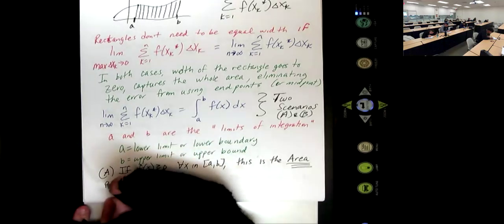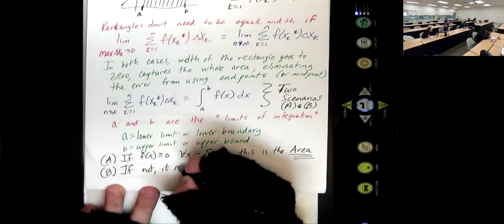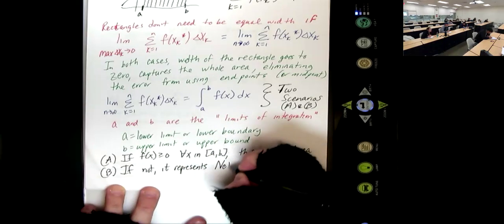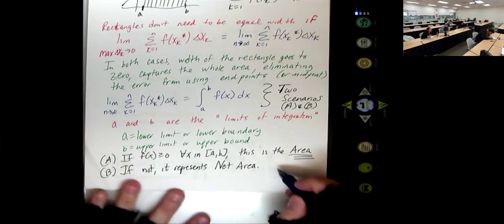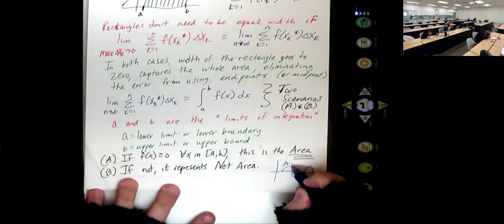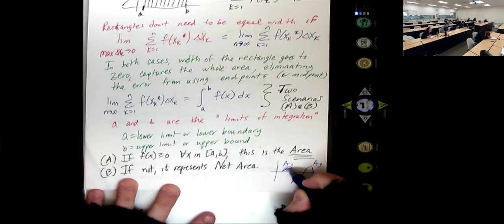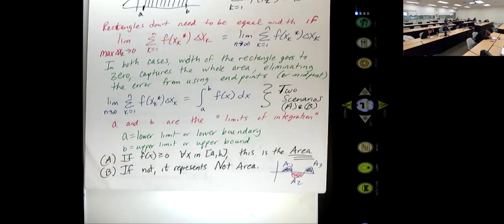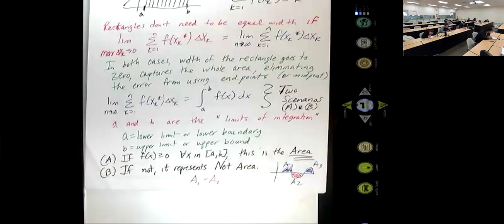And B: if not, it represents net area. Kind of like, if there's a negative portion below, you're subtracting that area.